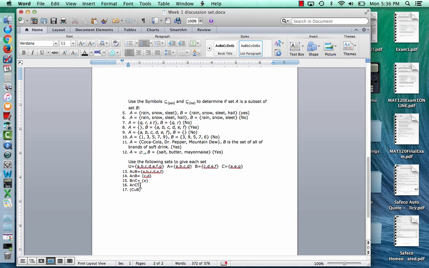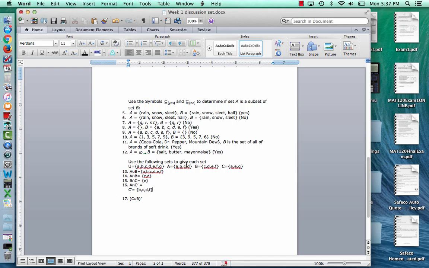And then this one says A intersect C complement. Well, I got to do some work to figure out this one first. C complement is the set of everything in the universal set that's not in C. So C complement by itself is going to be B, C, D, and F, everything but A, E, and G. Okay, so that's B, C, D, and F. That's what C complement is.